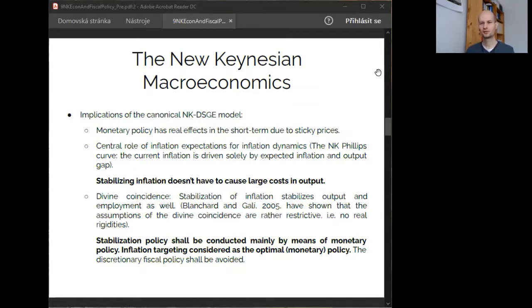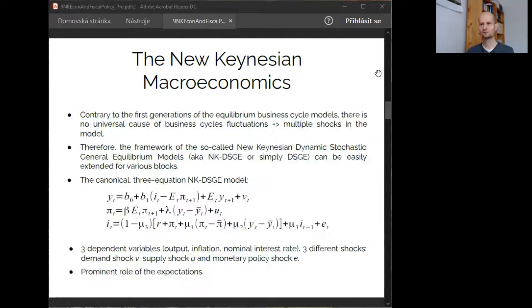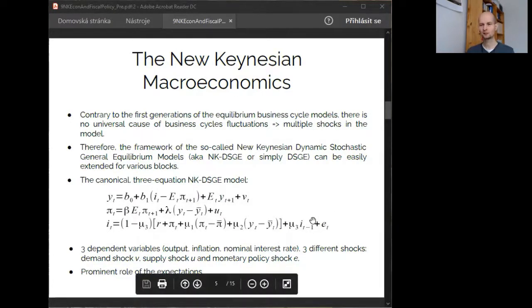The implications of those new Keynesian DSGE models: well, the three equations can be extended in various forms. The first extension, which often appears, is that autoregressive terms are added not only to the third equation but also to the first one and to the second one.